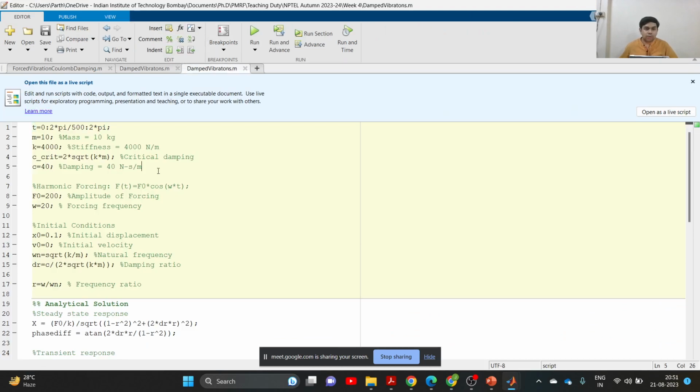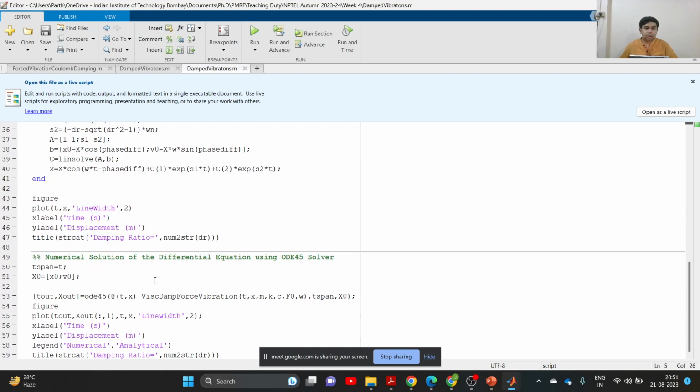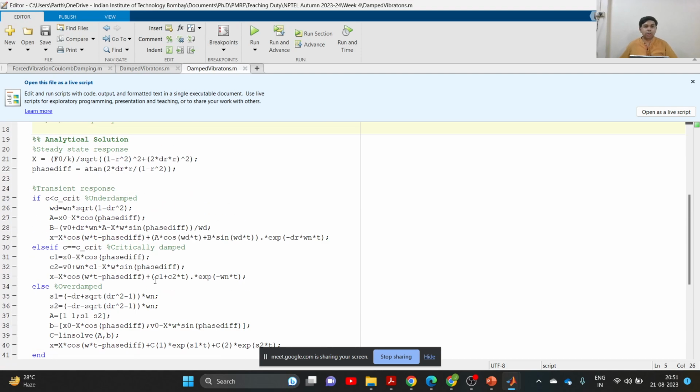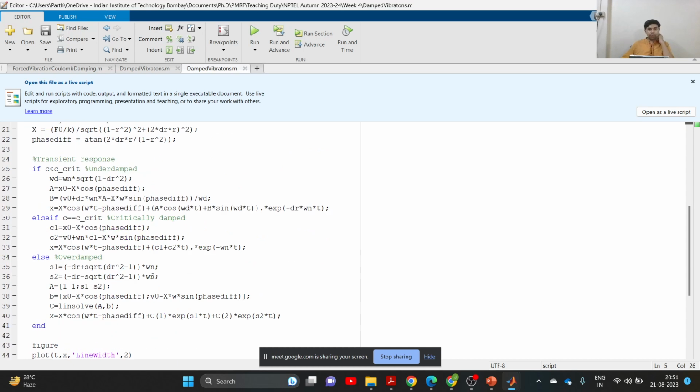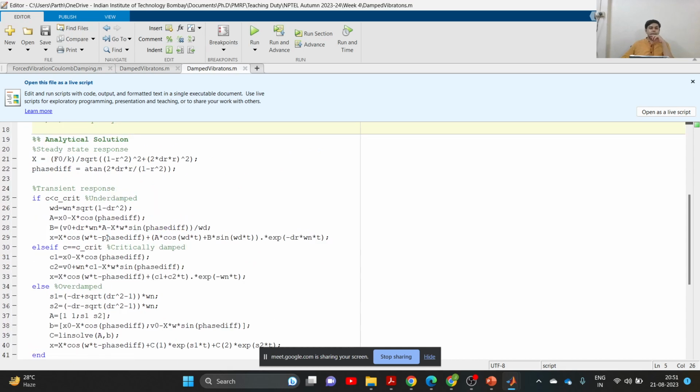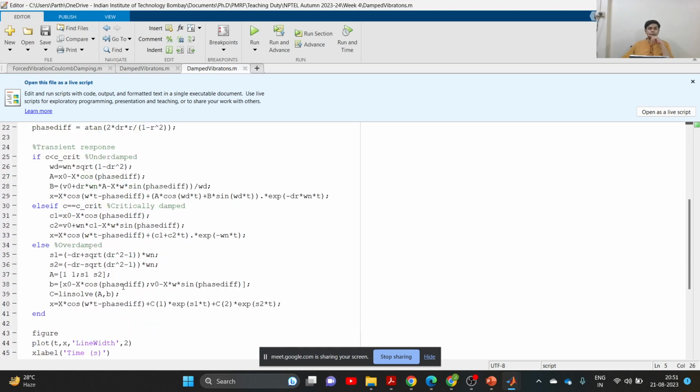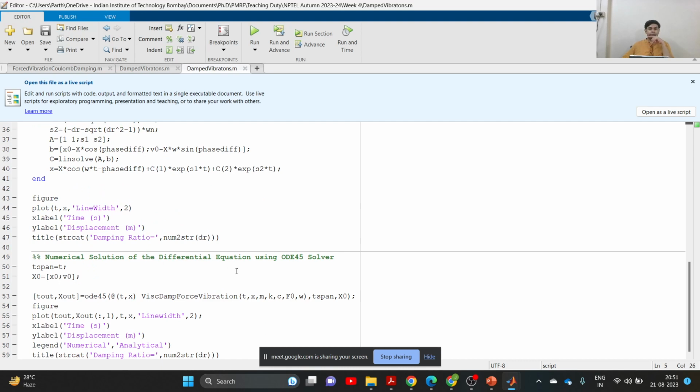We can model the system in this way. Depending on the transient response, it can be either underdamped, critically damped, or overdamped. We can construct the solution and plot it in MATLAB, or we can also get a numerical solution of the differential equation using the ODE45 solver.